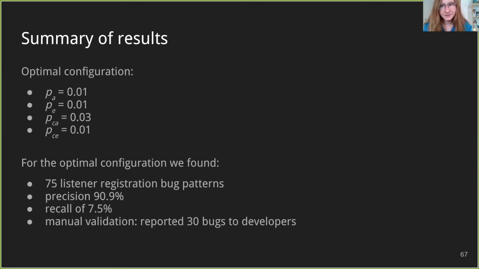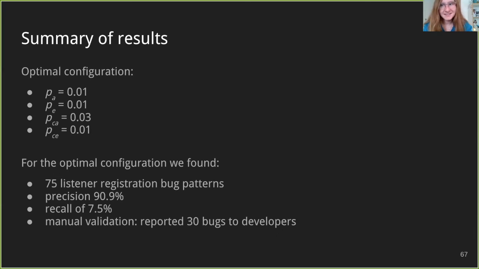With this optimal configuration, we found 75 listener registration bug patterns with a precision of 90.9% and a recall of 7.5%. We looked at a bunch of instances of these bug patterns in actual code, and through this, we reported 30 actual bugs to developers.